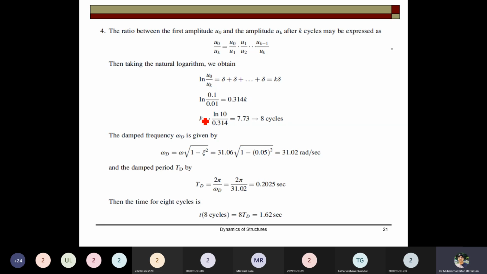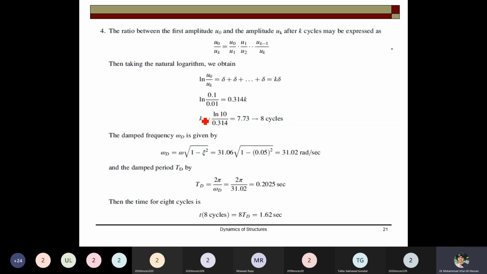But the damped frequency, you know that omega and omega d are different. Omega is the natural frequency of vibration without damping, and with damping it is different. If zeta is small, you ignore that, but if zeta is not small, you can say that omega d is 31, but omega was 31 also, 0.06 here, 0.02, so a very small difference.